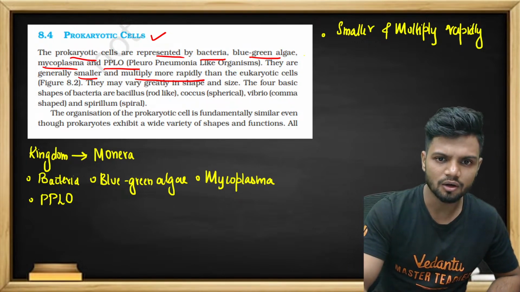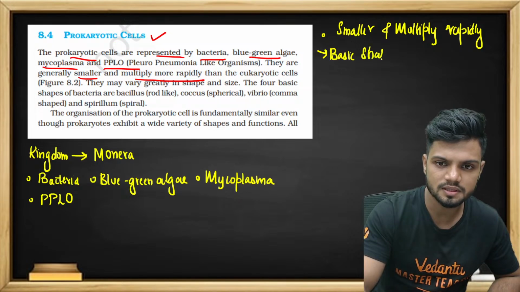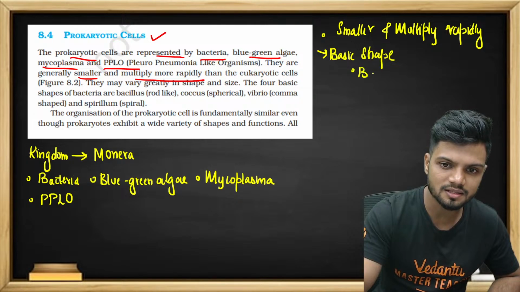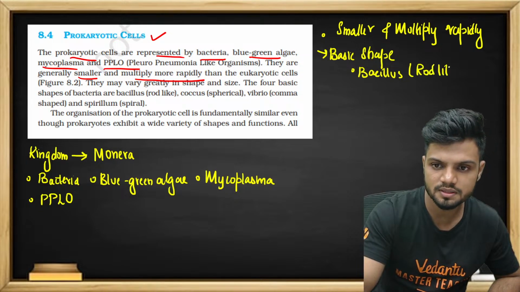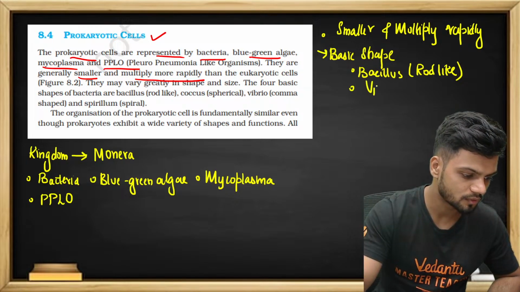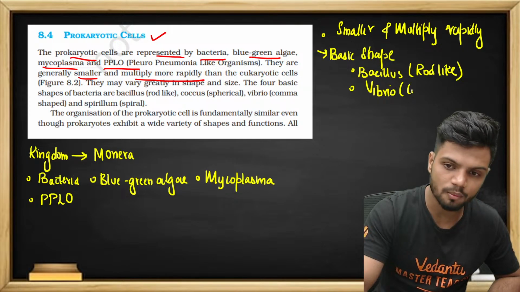Now, what could be the basic shape? Basic shape is very important to understand. Basic shapes can vary. For example, it can be bacillus, which means rod-like. Then we have Vibrio, which is comma shape.